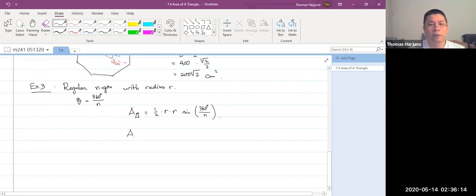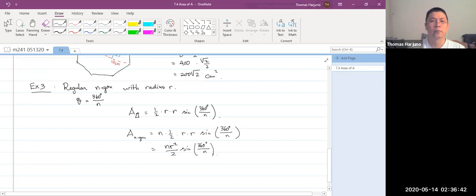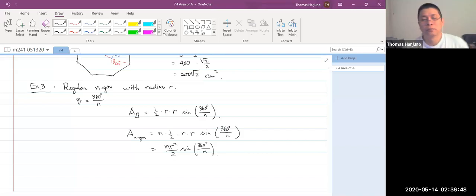Therefore, the area of a regular n-gon will be n times 1/2 times r squared times sine of 360 degrees over n. That is nr squared over 2 times sine of 360 degrees over n. Okay, that's the formula.